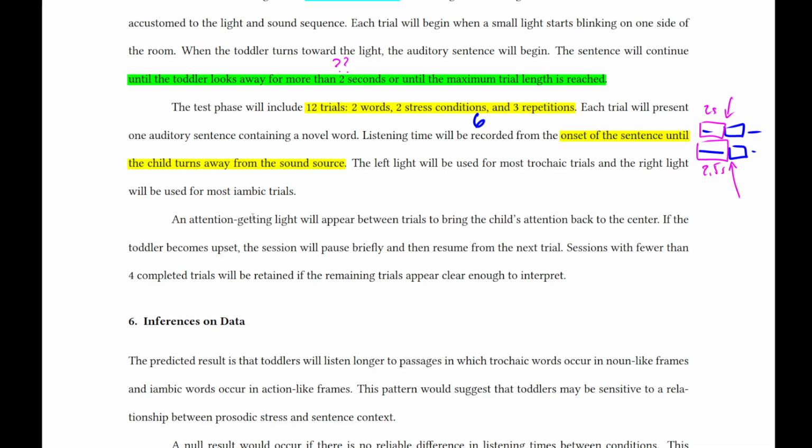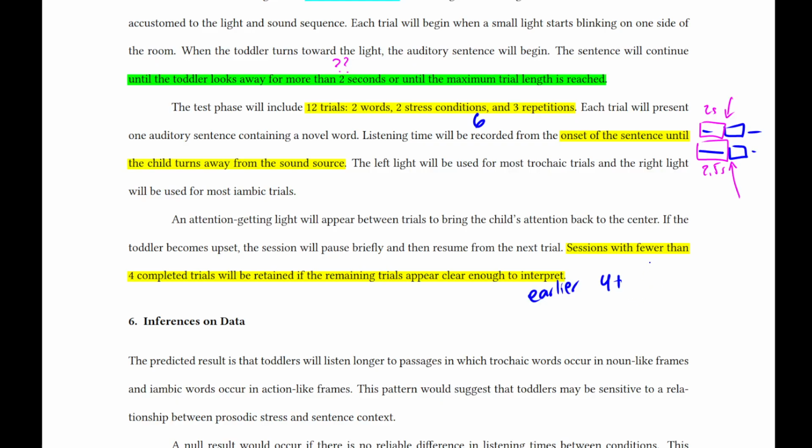Sessions with fewer than 4 completed trials will be retained if the remaining trials appear clear enough to interpret. We just said earlier that we needed 4 plus, and now we're saying, actually, if there's less than 4 that are good, maybe we can keep them.